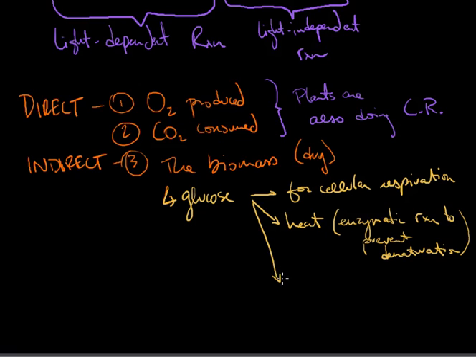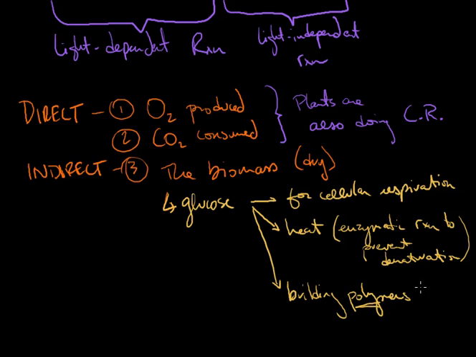And lastly, which is the most important for us in this case, is building polymers. And these are the polymers. Poly means many. So these are the large molecules made of lots of subunits, which happen to be called monomers, that we can use. So the polymers that we're talking about here would be things that you're familiar with, called starch or cellulose.